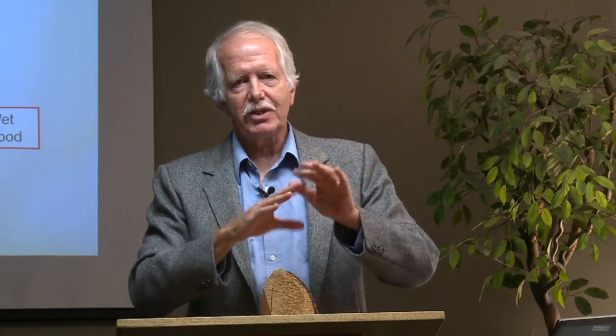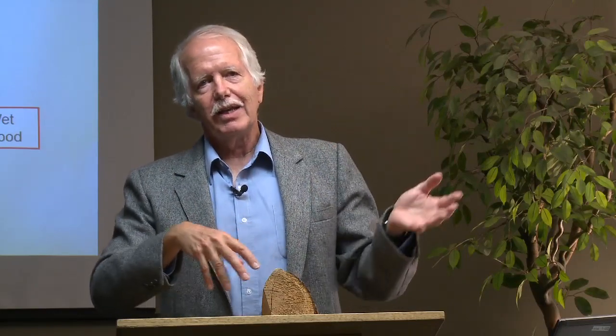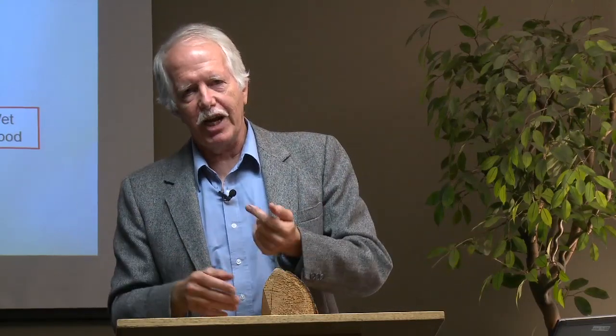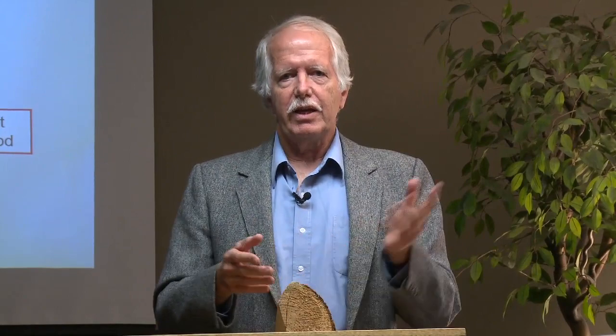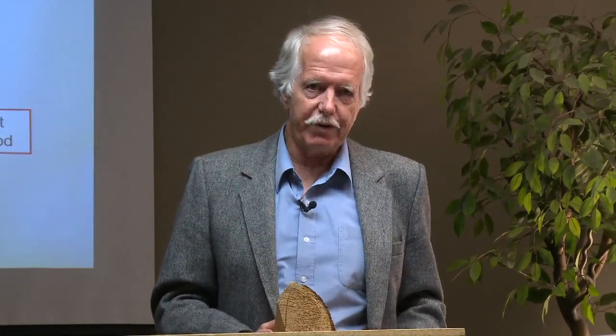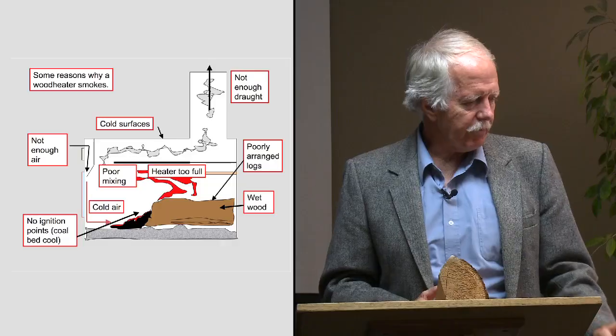And this is how the fire operates. The draft causes a suction of air into the wood heater, and so we get the oxygen that we need. So if the flue is blocked, or if the flue isn't high enough, or the flue isn't hot enough, then we don't get good draft and we don't get enough oxygen coming into the heater.